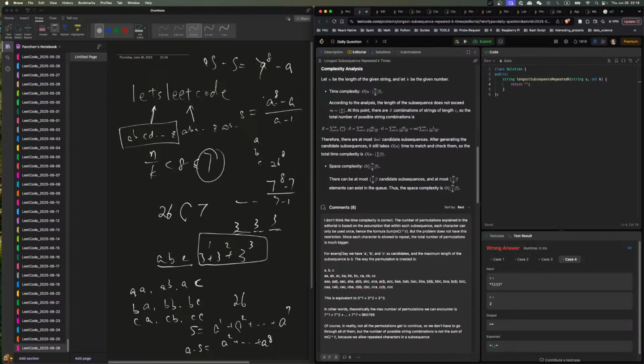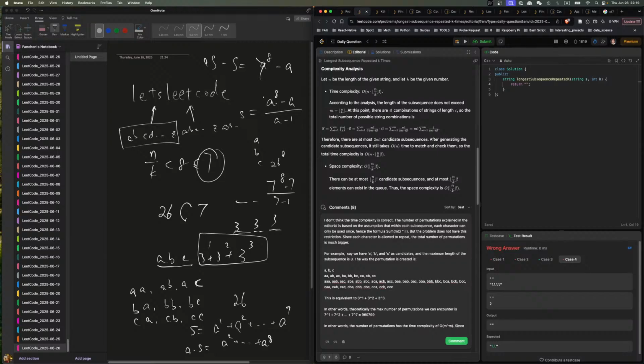For example, in other words, the number of permutations has the time complexity of O(m to the power of m), right?